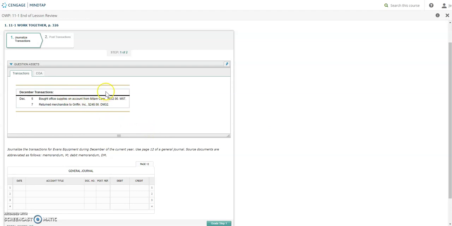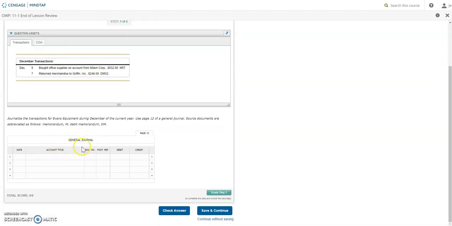On December 5th, it says that we bought office supplies on account from Milam Corporation. So we only have one choice for our journal. I'm going into my general journal. I'm going to start with my date, December 5th. And I bought office supplies, so I am going to debit Supplies - Office.